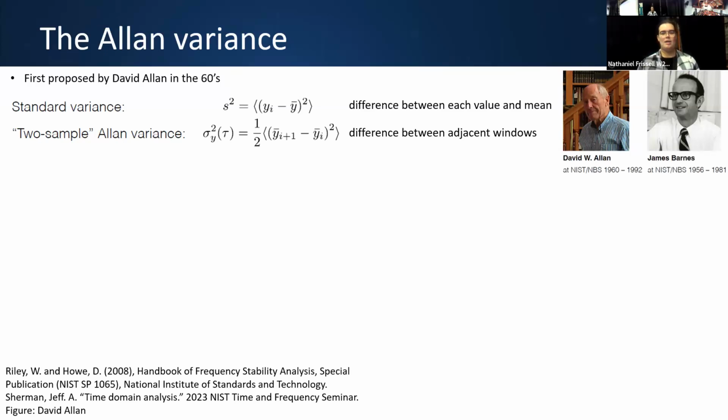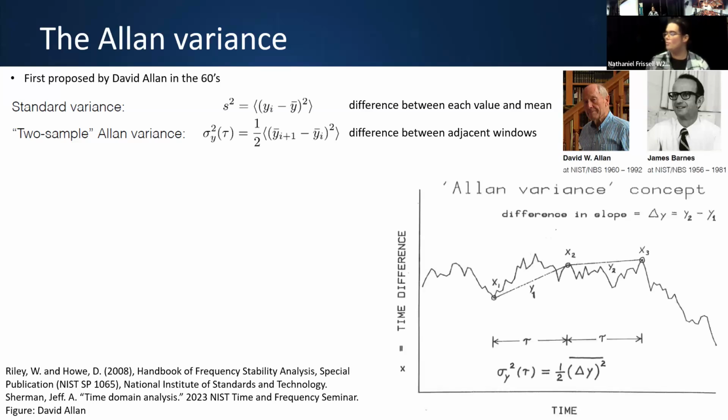This is a function of your window size, and so you can always look small enough or narrow enough into your data that you have statistics that converge in some sense. Here's a figure from one of the original papers that describes this concept. You've got your data, and you're looking at the difference in slopes across these windows that are functions of averaging interval tau, or your window size.